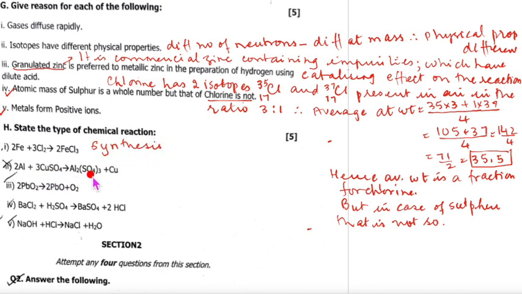The second one, you will see that aluminium is above copper in the electrochemical series, so aluminium displaces copper and takes the place of copper, so this is your displacement reaction. Then PbO2 is splitting into two components, so this is your thermal decomposition.